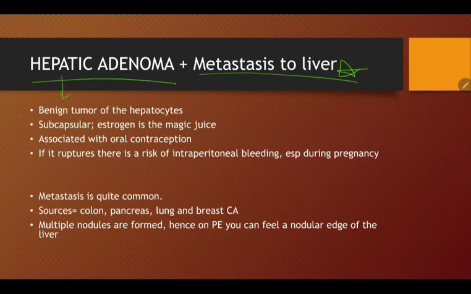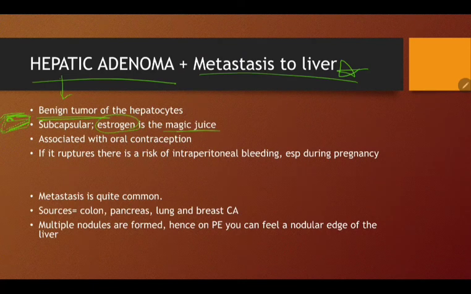Hepatic adenoma is a benign tumor. It can happen within this capsule. So there's a capsule around the liver. Naturally, I am exaggerating. It's very closely bound. This benign tumor will come somewhere between. It's subcapsular.